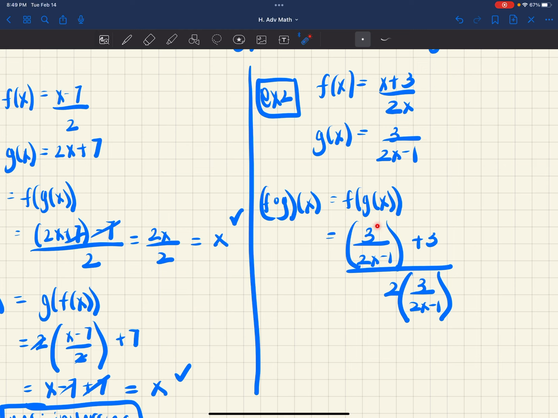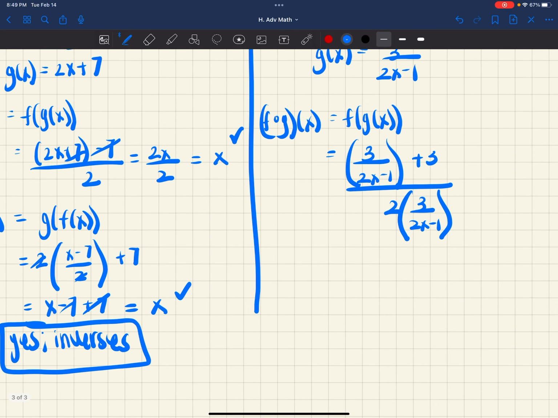So this turns into 3 over 2x minus 1 plus 3 over 2 times, I see another x, so I need to put the 3 over 2x minus 1. So it's very algebra involved here. So I'm going to go through it. It will get a little algebra heavy, so just follow along.